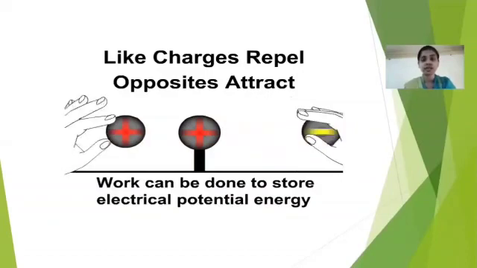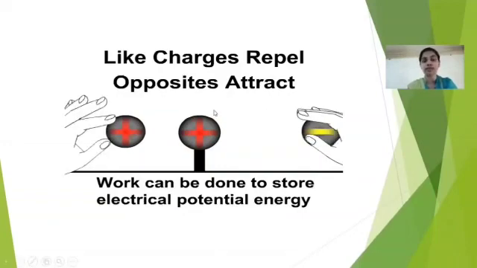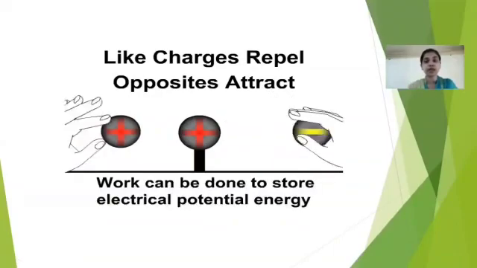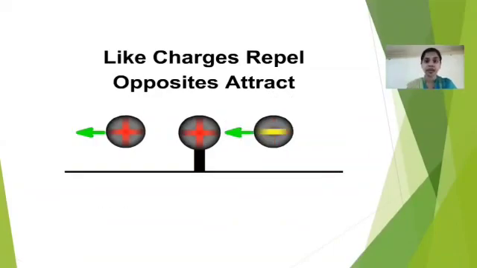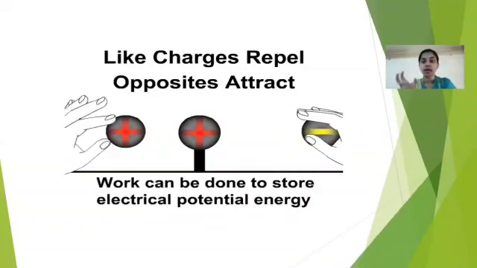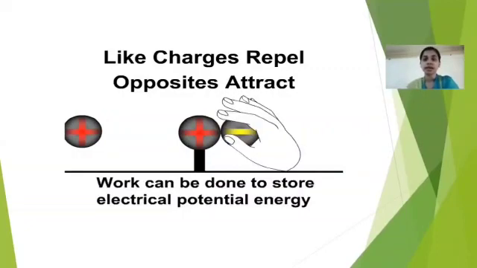But unlike charges, positive and negative, attract each other. In electrostatics there are two charges, positive and negative. So always remember that like the poles in the magnet, the charges also play the same role. Means like poles repel each other while unlike poles attract each other.